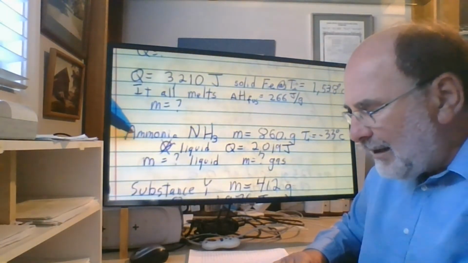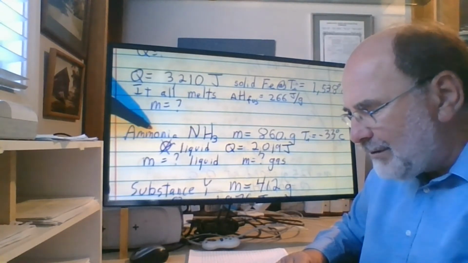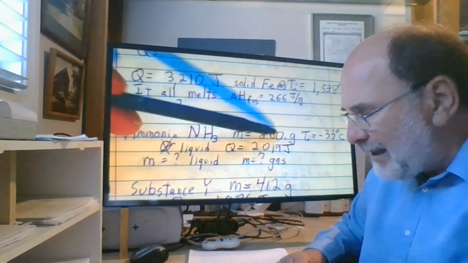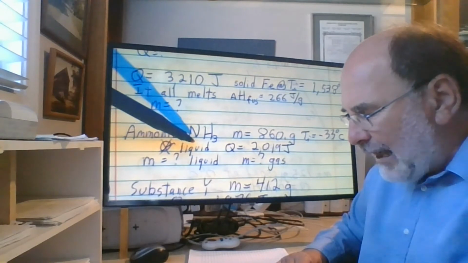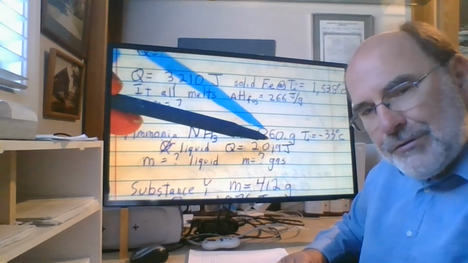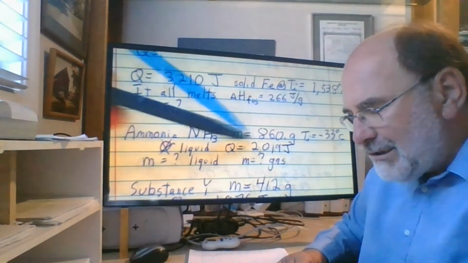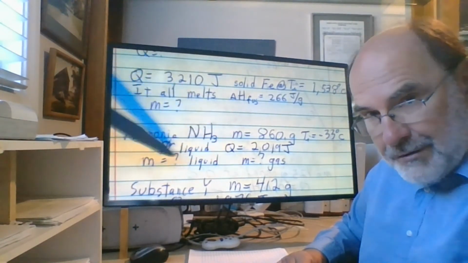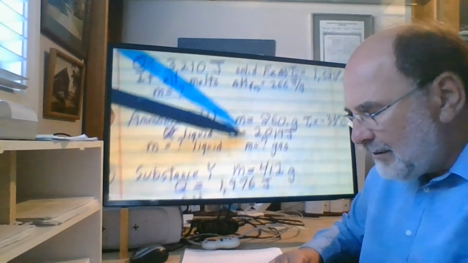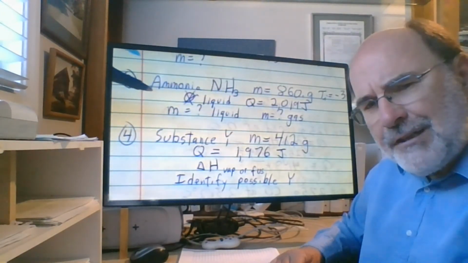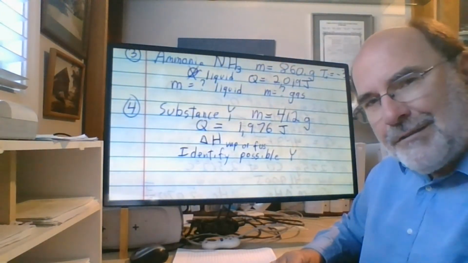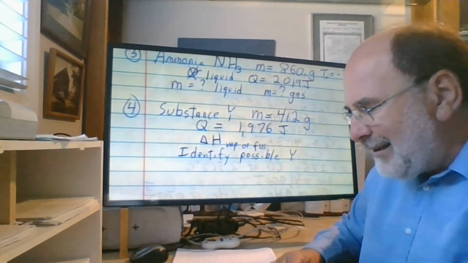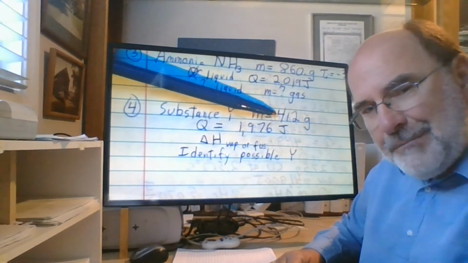Number three, I have boiling liquid ammonia, 860 grams of it. I add 2019 joules of heat energy to it. How much of it ends up as liquid? How much of it ends up as gas? Assuming, of course, that not all of it becomes a gas. And number four, I have some strange substance Y. The only two things I was told was I had a mass of 412 grams.